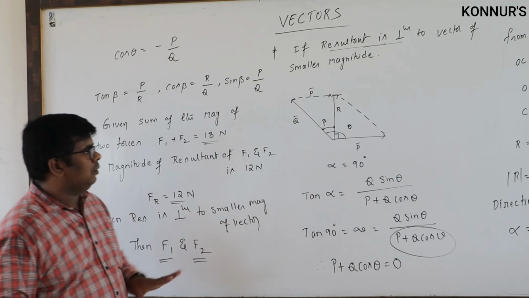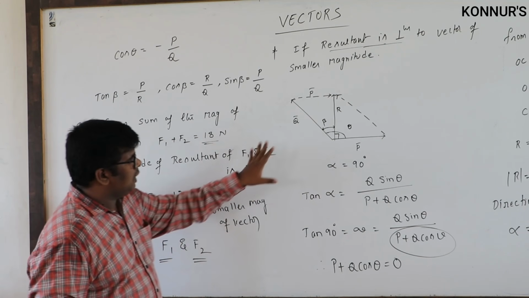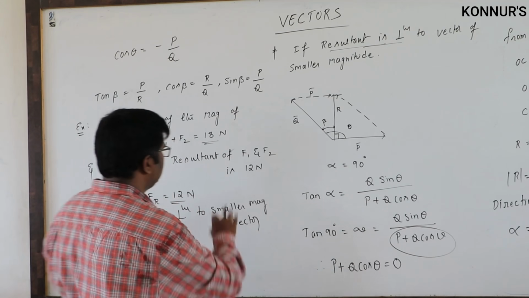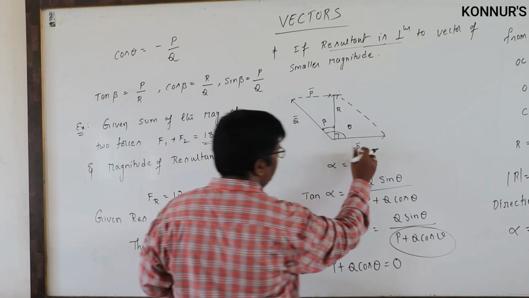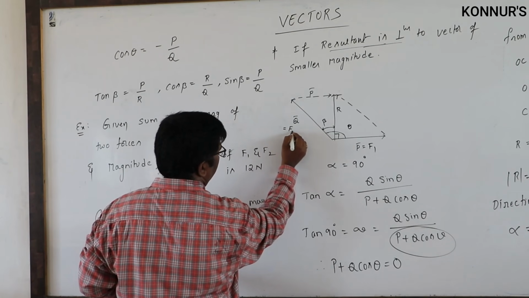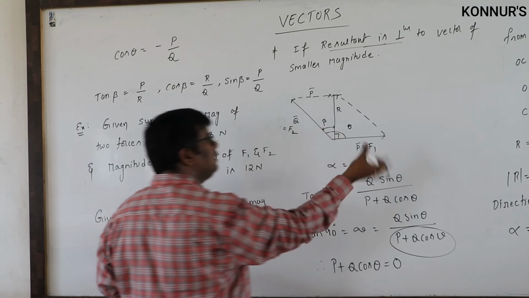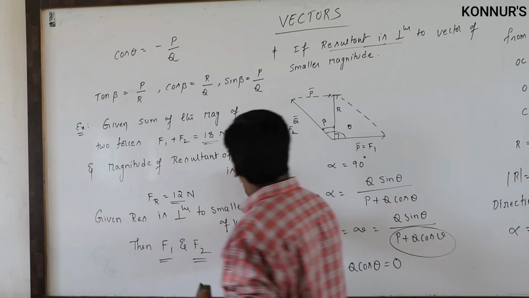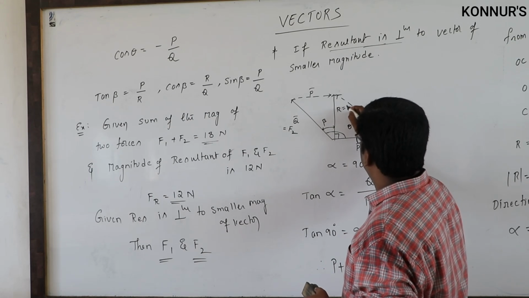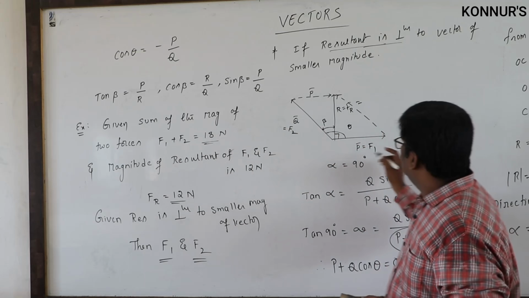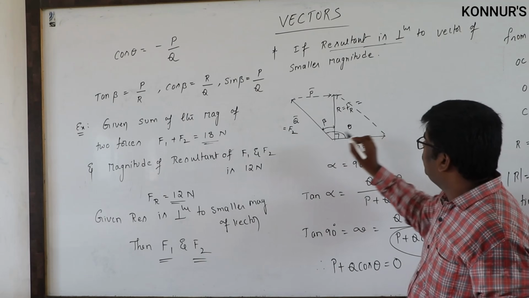According to our problem that we discussed here, P means F1 and Q means F2, because I am assuming F1 is the smaller vector. We have to find F1 and F2.